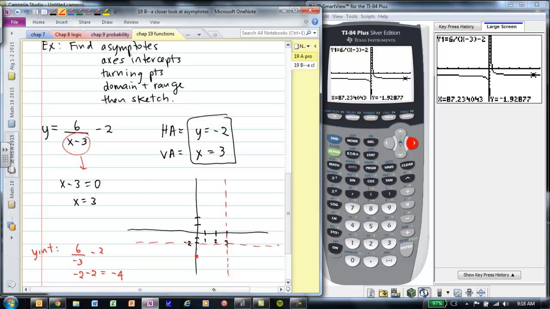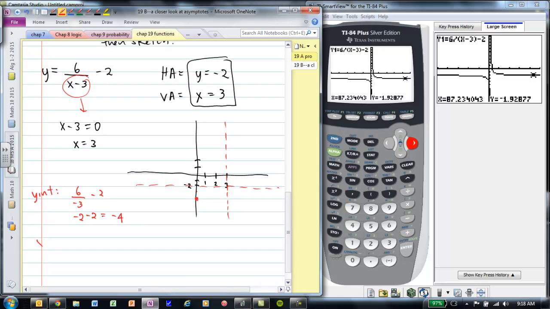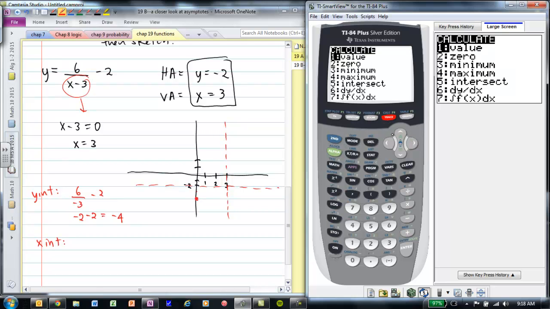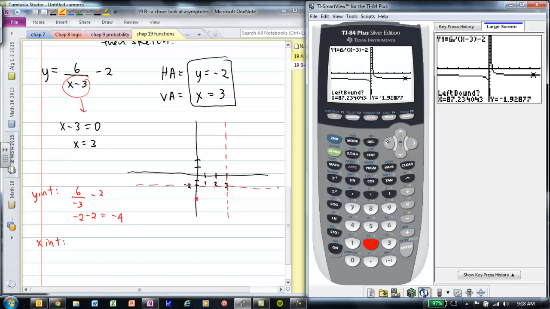That basically makes sense. Then to find the x-intercept, remember we use our calculator feature, so we go back to the calculator. We can do second calc, and we want intersect. I'm sorry, no we don't. We want zero, because we want to know where the function equals 0.